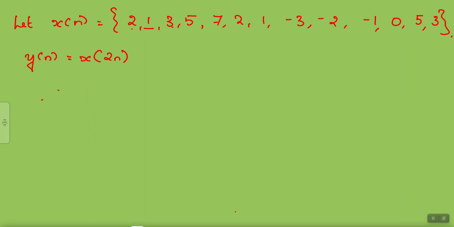So y of n can be represented as 2, 3, 7, 1, minus 2, 0, and 3.